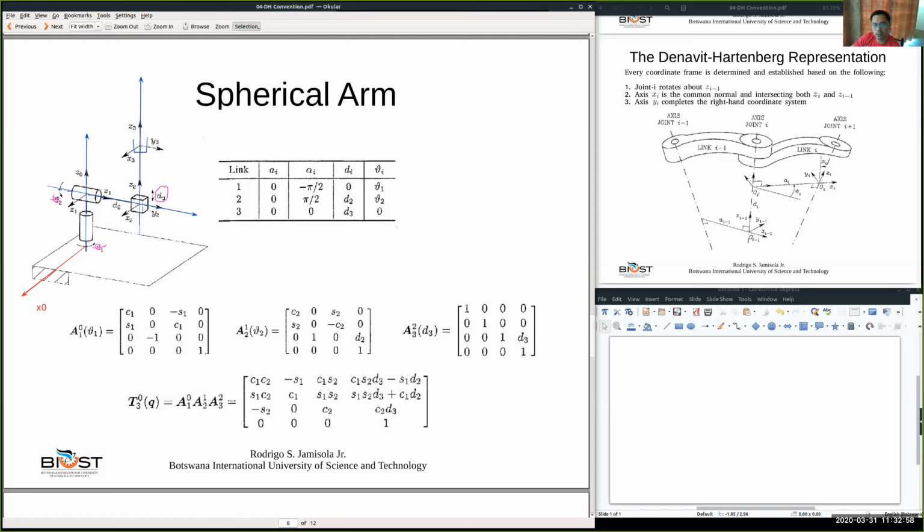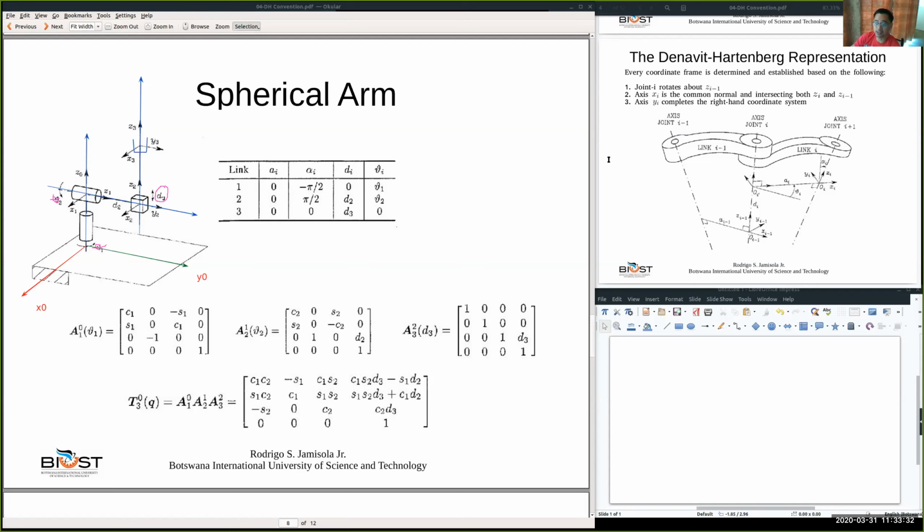So R is green. That is your Y0. Now we completely identified where our origin is.